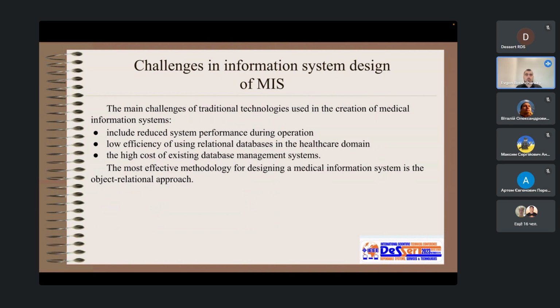It's very important to take information from the database really fast in order to work. And as you know, medical information systems are a specific unit of information systems, and we have a high cost of database management, because it should also have a security layer and so on.